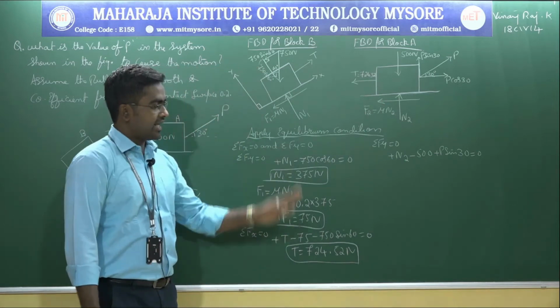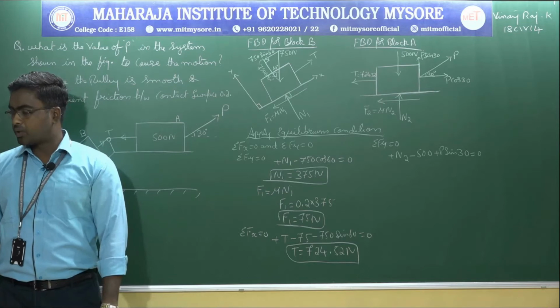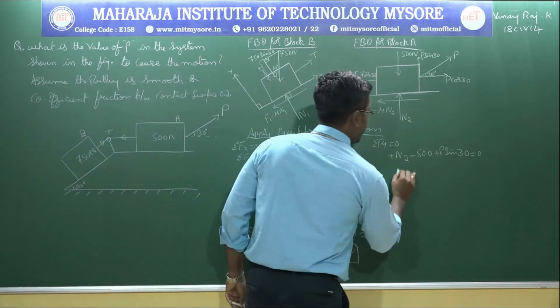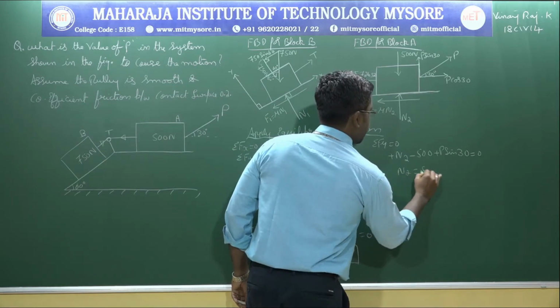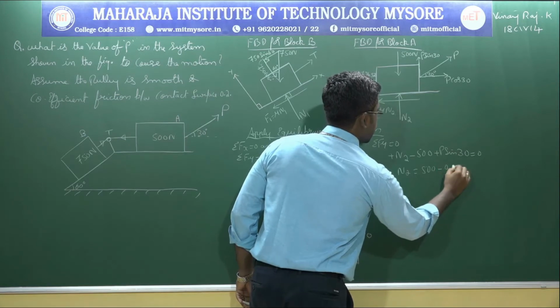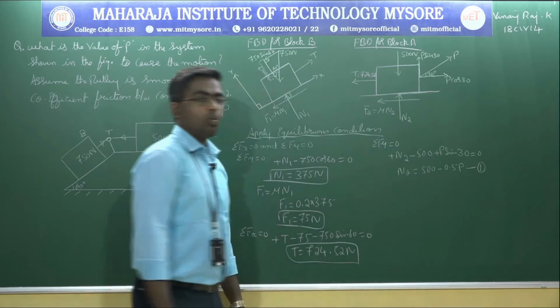Let me rearrange this equation in such a way that N2 will be equal to 500 minus sin 30, which is 0.5, times P, call it equation number 1.